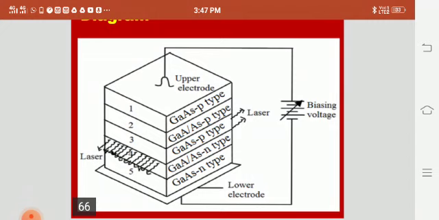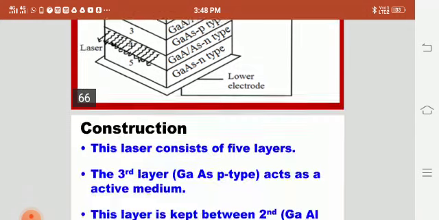Here this is connected with the battery in order to have forward biasing. In the middle junction, that is gallium arsenide and gallium aluminum arsenide, that is the PN junction, laser is produced.